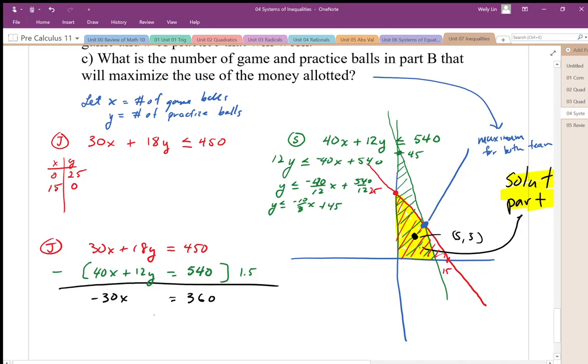So solving for x, I'm going to divide both sides by negative 30, and I get x equals 12. So we need both teams to buy 12 game balls. We still need to solve for y.